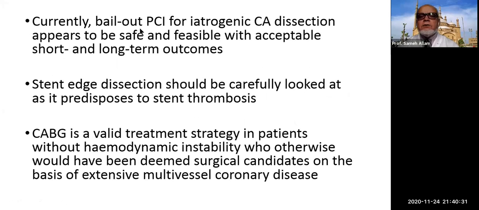Currently, bailout PCI for iatrogenic coronary artery dissection appears to be safe and feasible with acceptable short and long-term outcomes. Stent edge dissection should be carefully looked at as it predisposes to stent thrombosis.